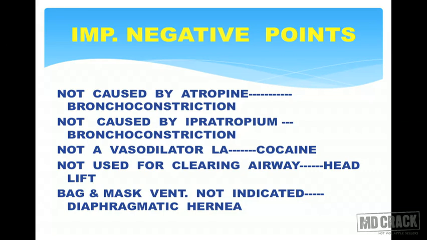Another negative question is, which local anesthetic is not a vasodilator? Practically all the local anesthetics are vasodilators. Only one, that is cocaine, is not a vasodilator. What is not used for clearing the airway? Head lift. Whenever a patient is being anesthetized or is in supine position and is full of secretions, his mouth and nose are full of secretions, what should you not do?